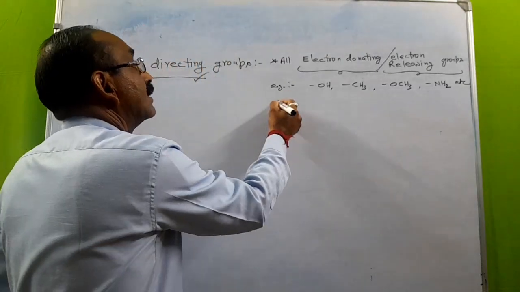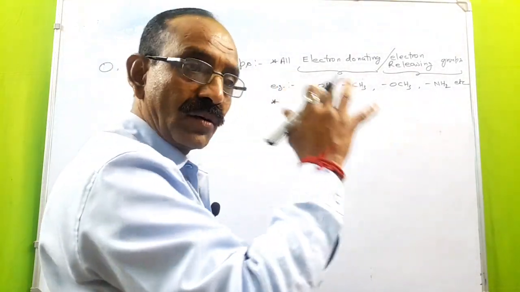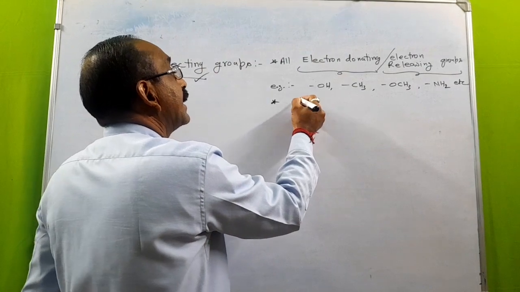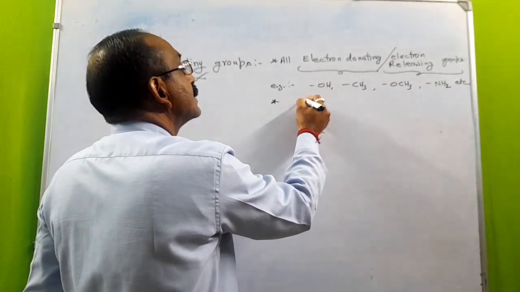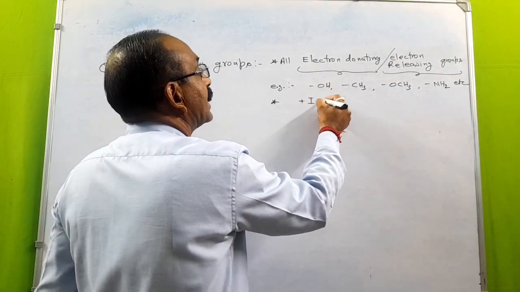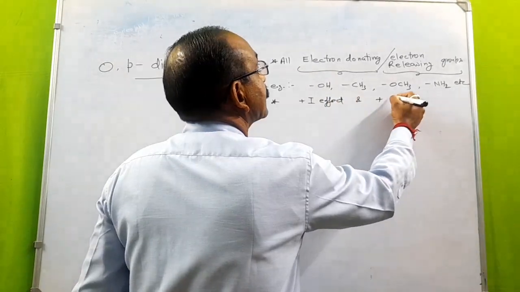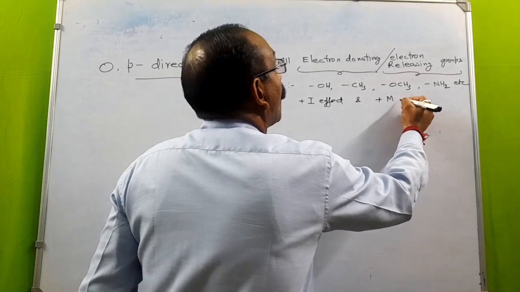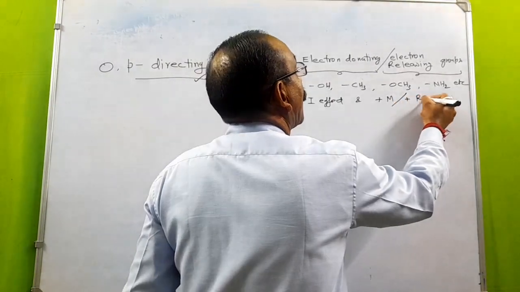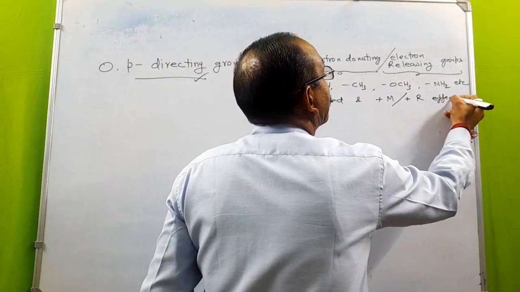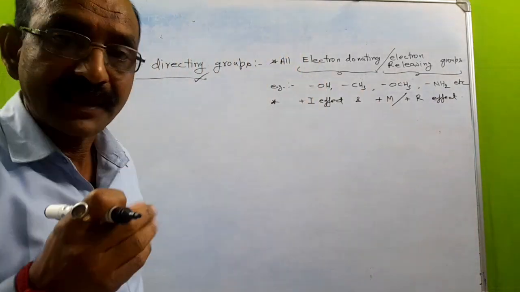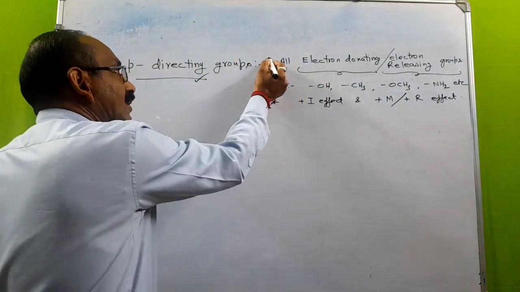And remember, these electron releasing groups exhibit plus I effect and plus M, or you can say plus R effect. Is it clear? So what happens here?